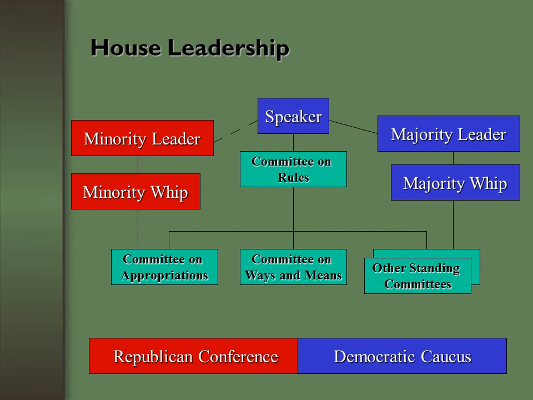Whips are typically the second or third, or sometimes even fourth ranking member of Congress, and they count votes. That's what they do. They ensure that their political party's rank and file vote along with their political party.